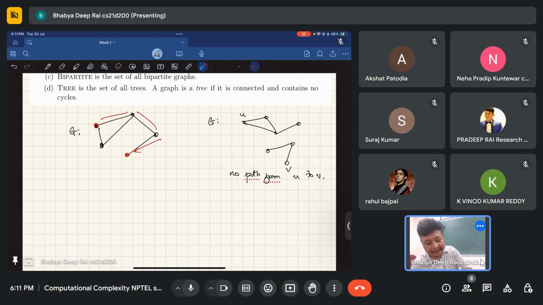The level is the shortest distance with respect to the node you fix. For example, this is the node that I fix, and this is at level 1, and this is also at level 1, and this is at level 2 because the shortest distance is 2, and this would be level 3.